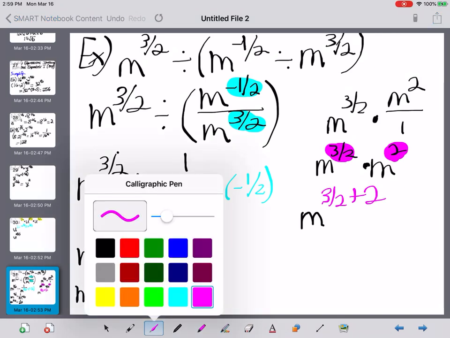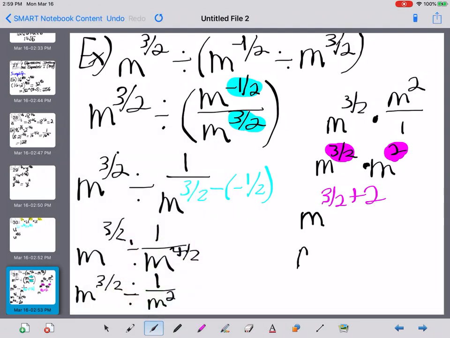You can always use a calculator to make this easier on yourself, but 2 is the same as 4/2, so 3/2 plus 4/2. So my final answer is going to be m to the 7/2. And that is it.